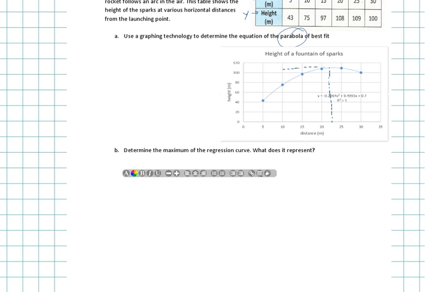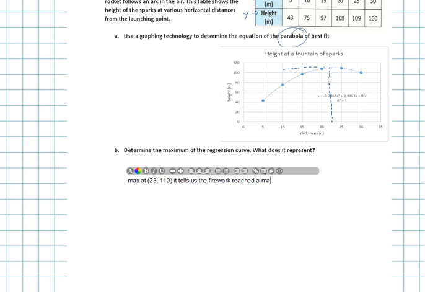So it's the curve that best fits. I'll get back to this page, just give me a second.